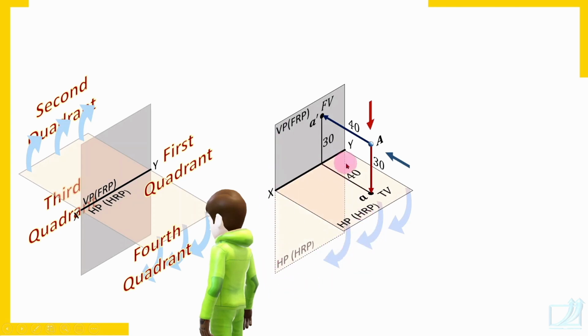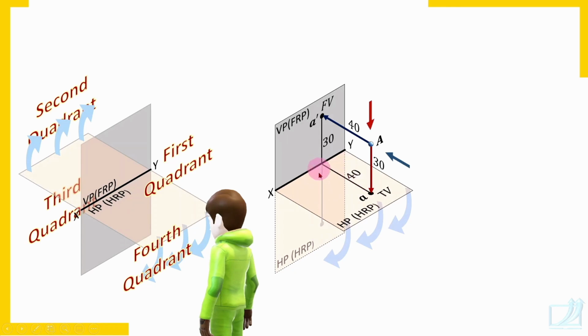So of course, whatever drawing is there on HP now will appear below XY line. So this 40 millimeter long line is now below XY line. This point, now remember, is not point A, this is top view of point A. So this top view of point A will appear here below XY line.